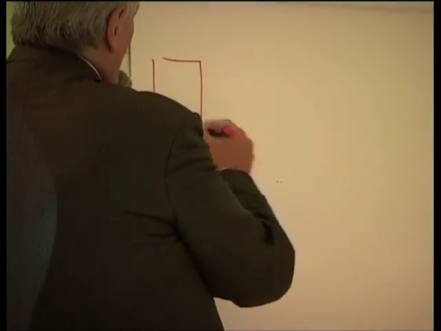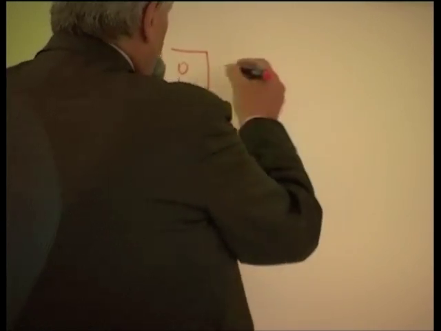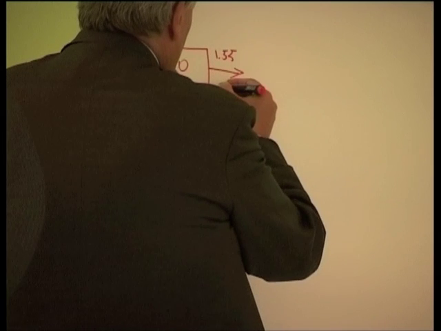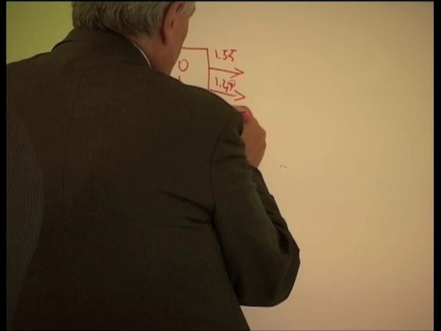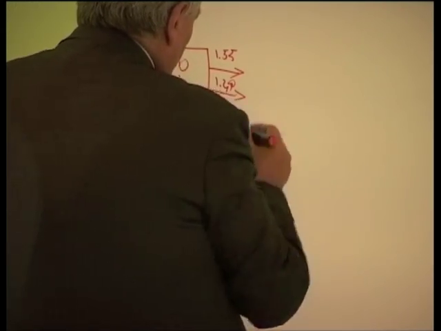I have here the optical line terminal. I must send data at 1.55, 1.49, and I must receive data at 1.31.